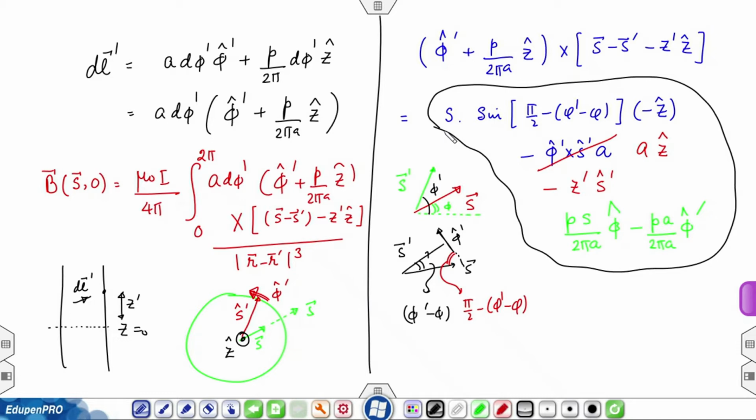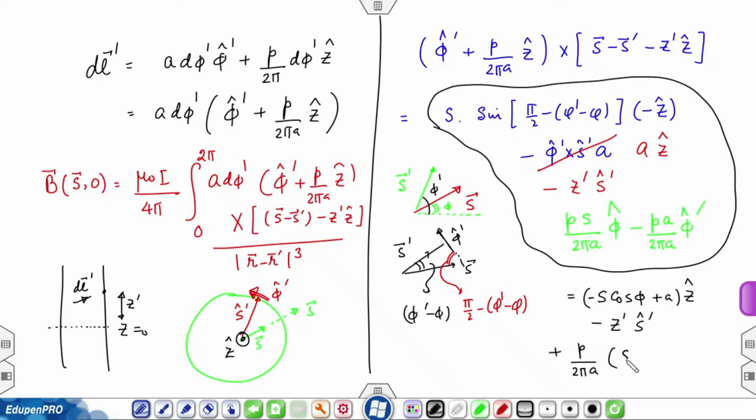These are the cross terms that I have, which now I can write as equal to minus s cosine of phi, plus a z unit vector, minus z prime s prime unit vector, plus p over 2 pi a.